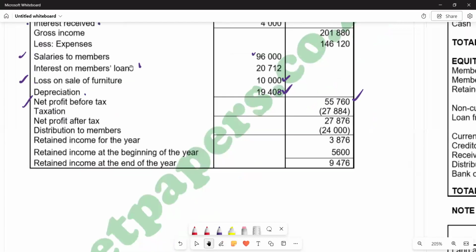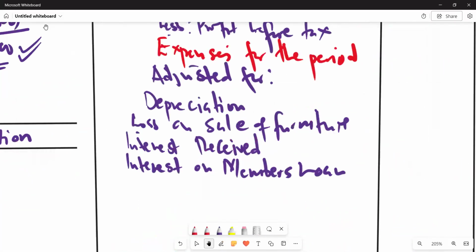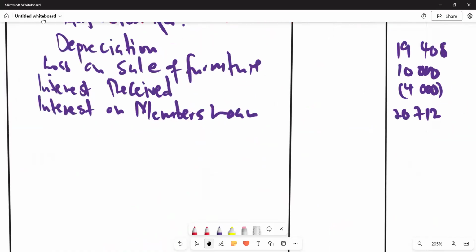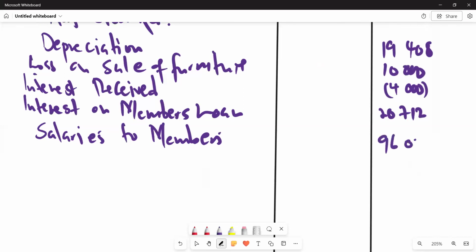So we go there and say salaries to members, and the figure that we have is 96,000, and we show it as a positive. So these are some of the items that we are going to look at.